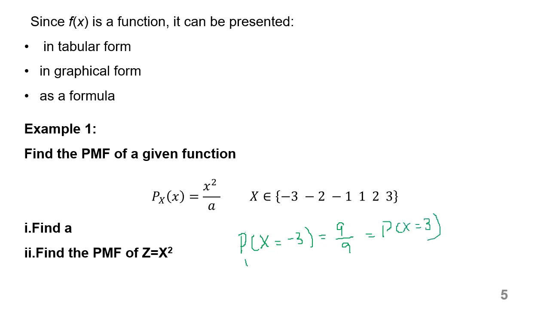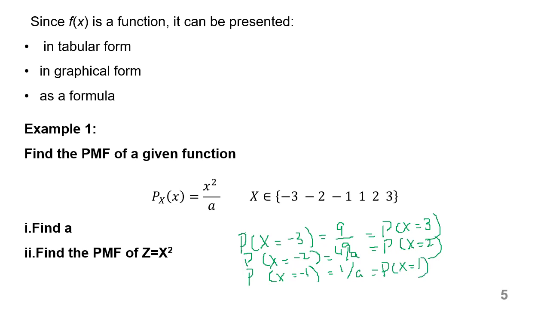Next one is P of X equal to minus 2 is equal to 4 by a. That is equal to P of X equal to 2. Lastly, we have x equal to minus 1. It is equal to 1 divided by a, which is same as P of X equal to 1.